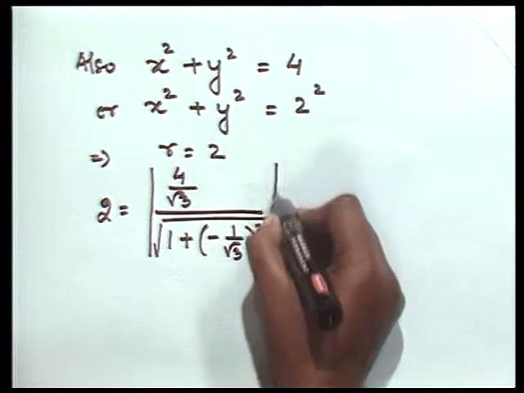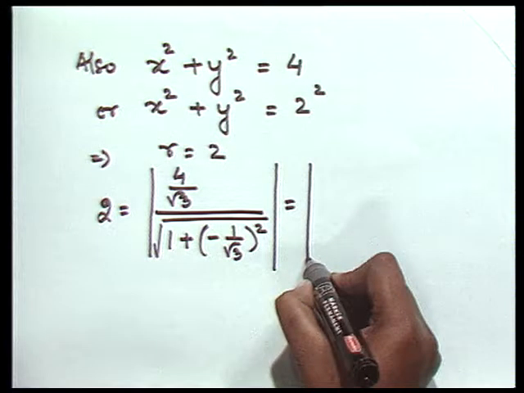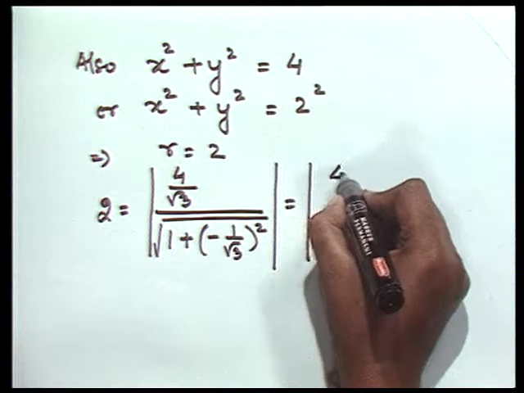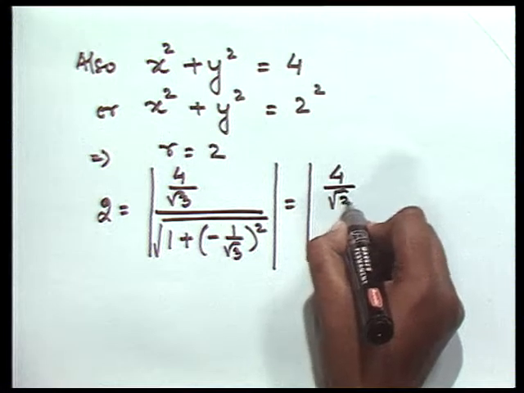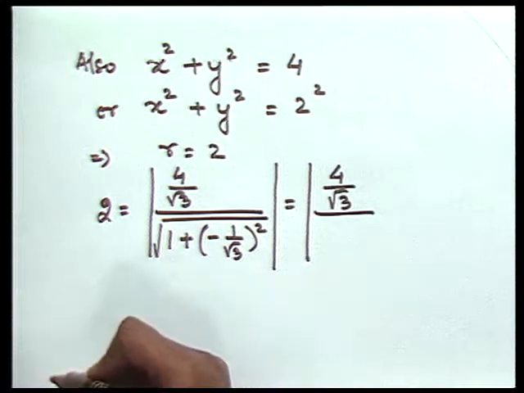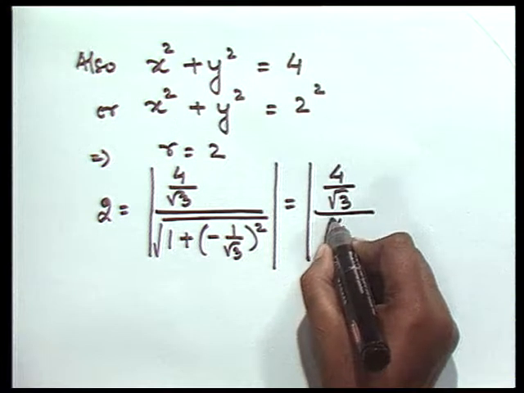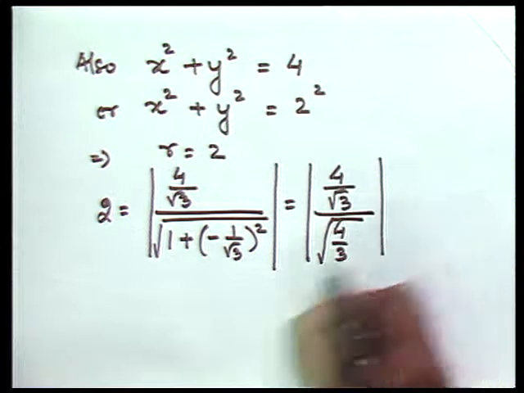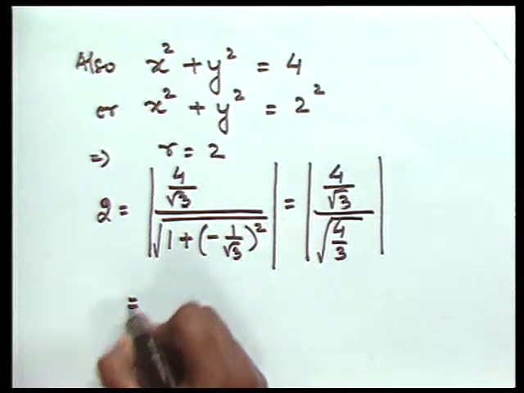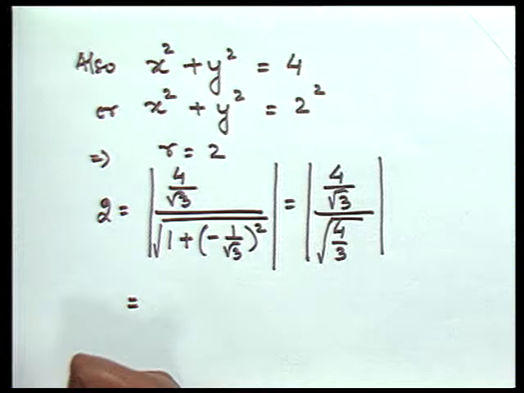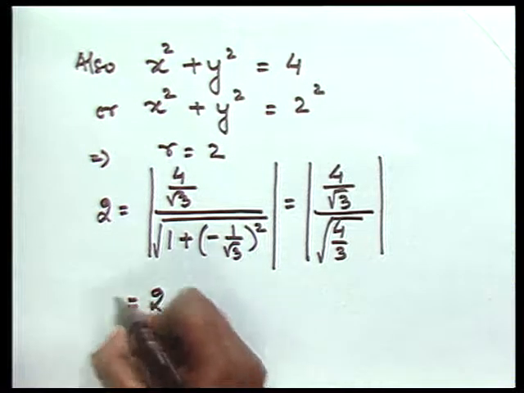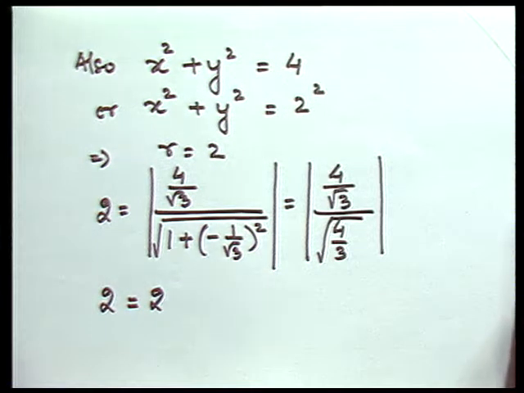And after solving this equation, we get mod 4 upon root 3 upon under root 4 upon 3. And if we solve, we get 2 is equal to 2, which is true. So, the line is tangent to the circle.